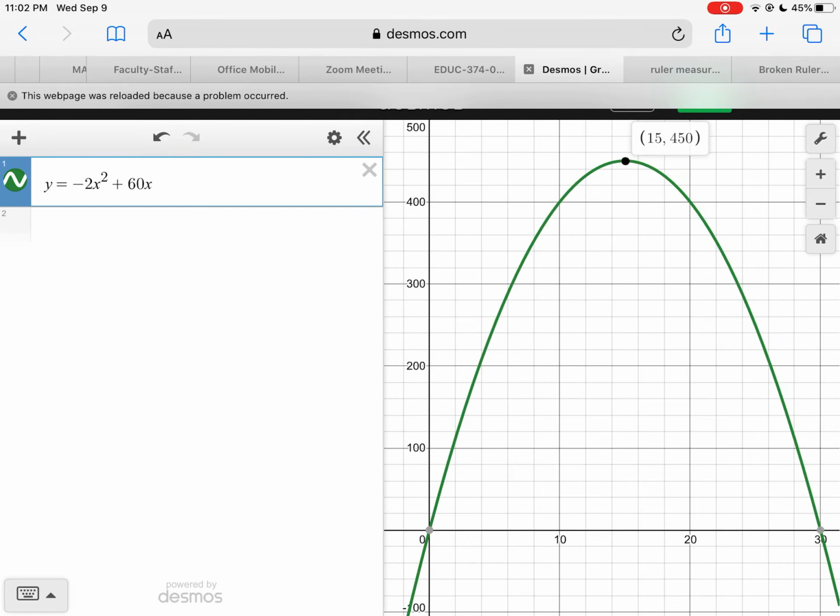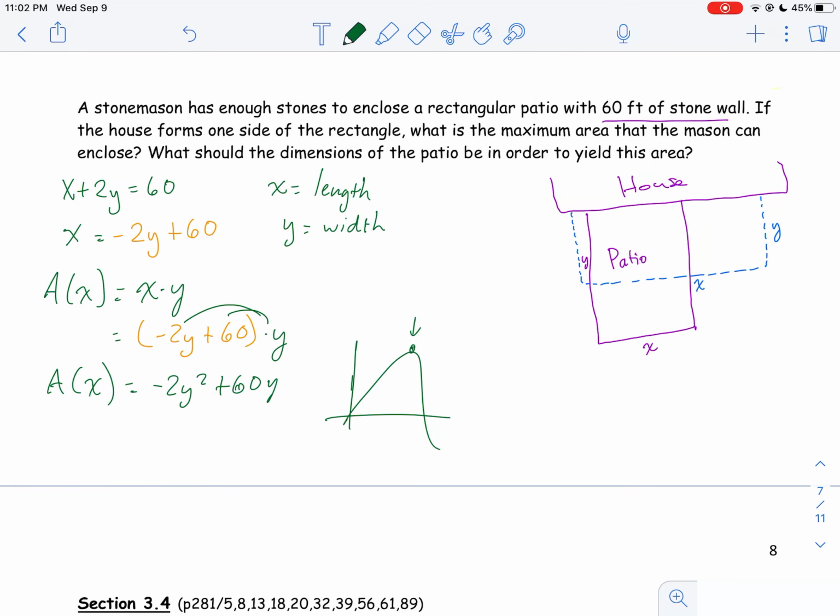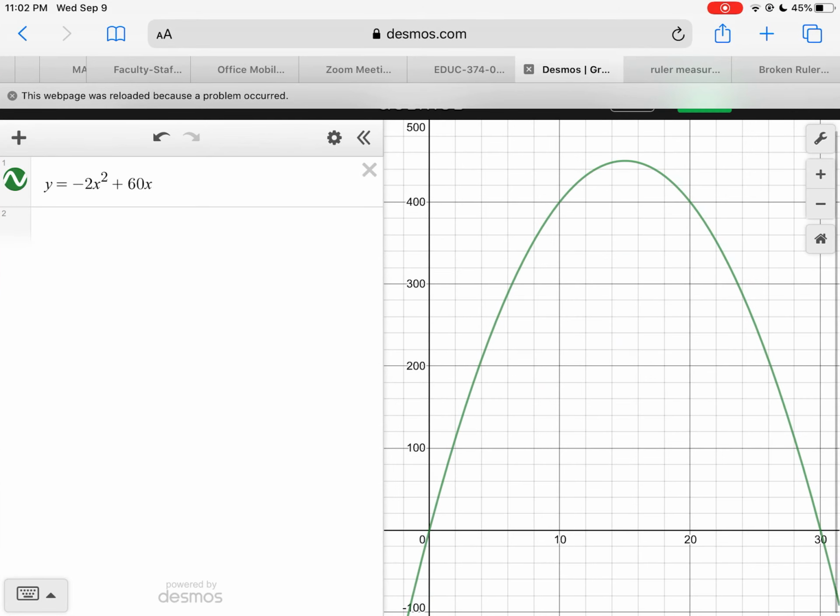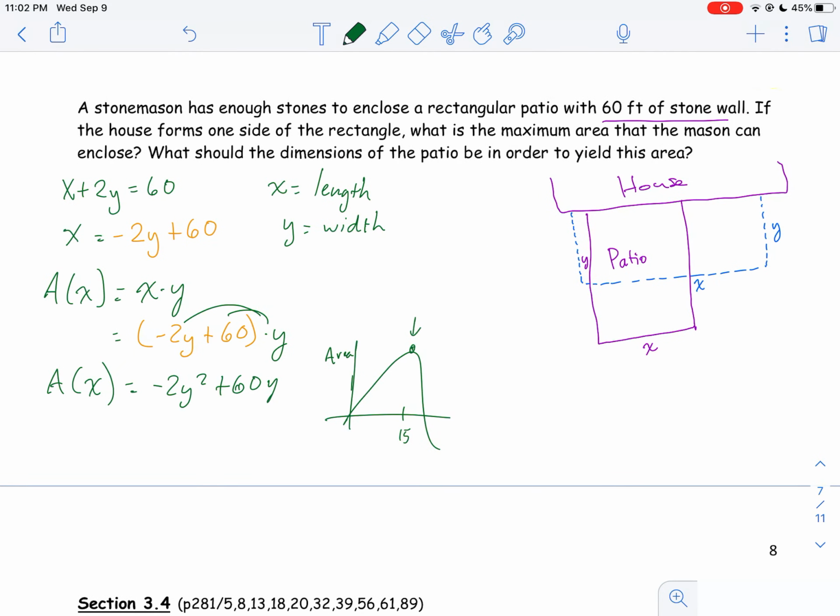So x on this equation, but back here, y is 15 feet. So that's saying at 15 feet, I have a maximum area. I forget what it was now. 450. 450 square feet.